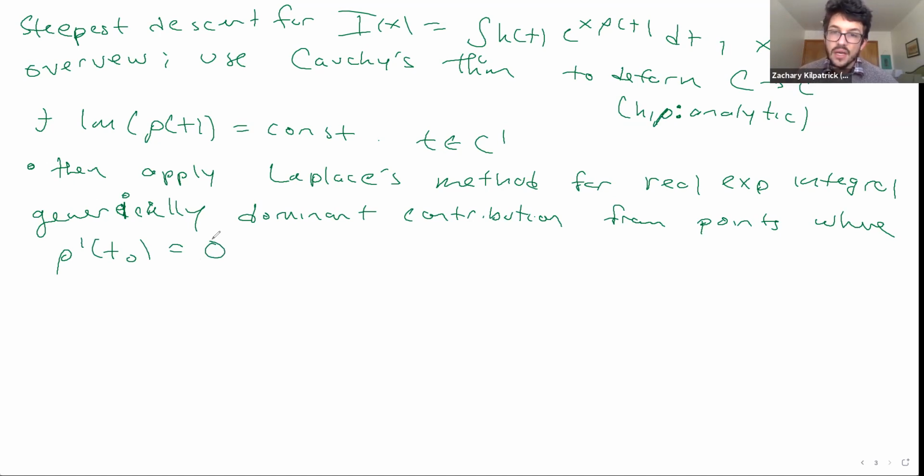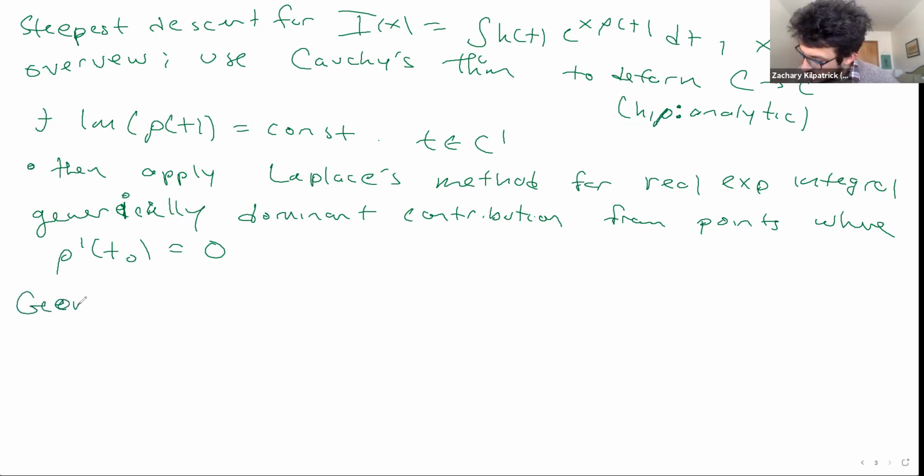Now, remember, this is a complex function, so you have a real part and you also have an imaginary part. And this is what steepest descent handles in this case: it handles a maximum in the real part and almost like a stationary phase component in the imaginary part, okay?